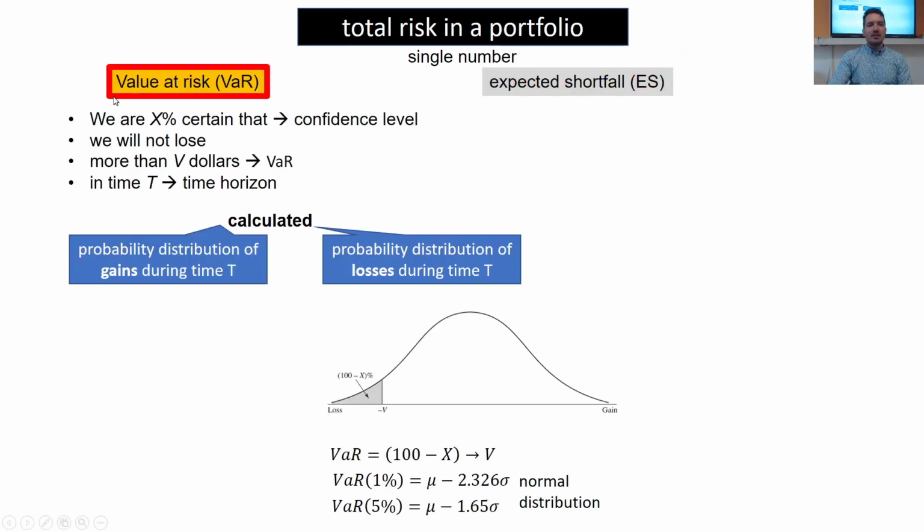The easiest way is to take the value at risk. So practically we are looking for some money. How much money can we lose at a defined certainty, and that certainty is practically a probability.